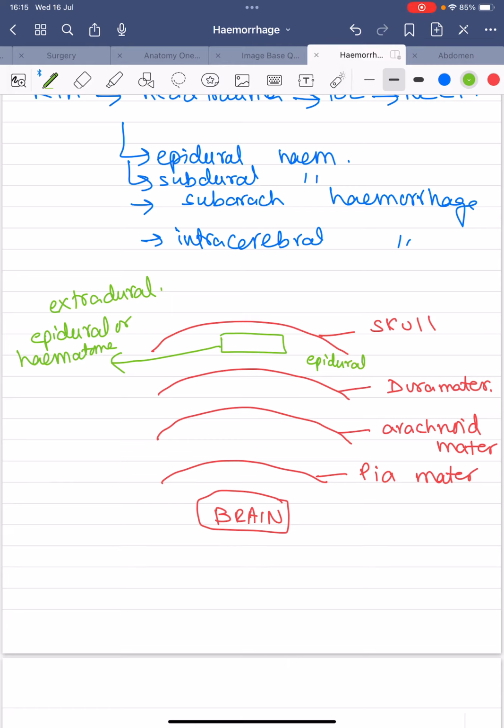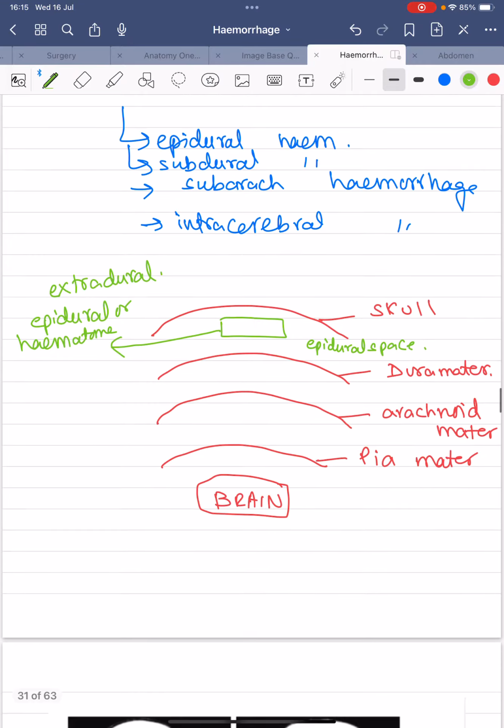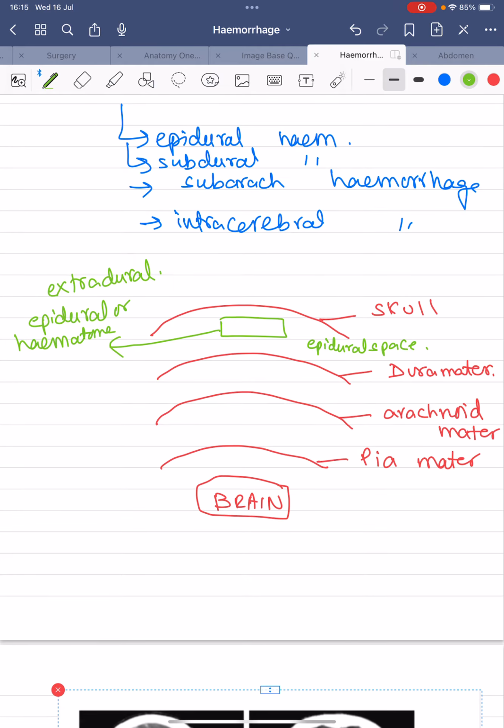Second layer is dura mater. Under the dura mater will be your subdural space.